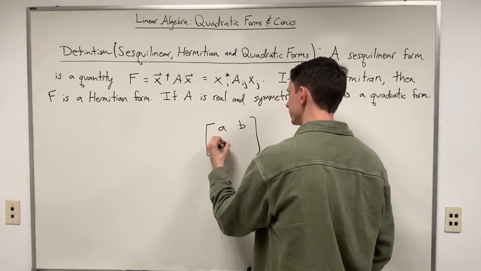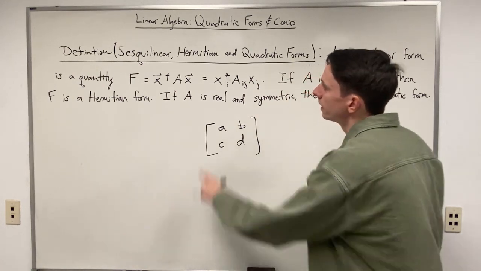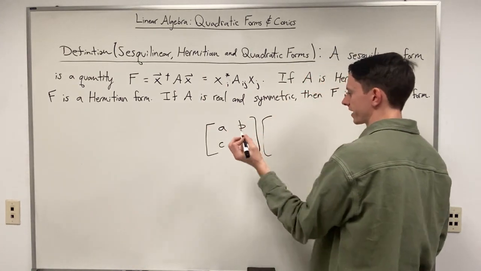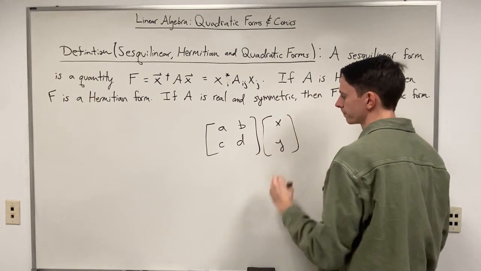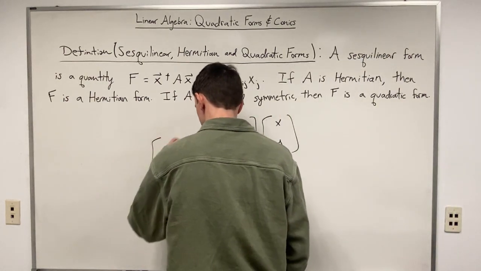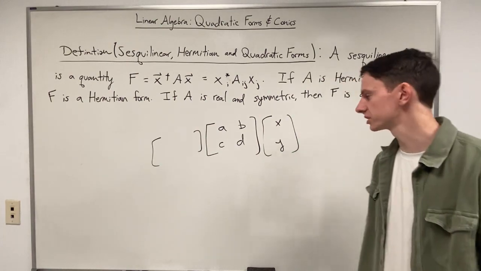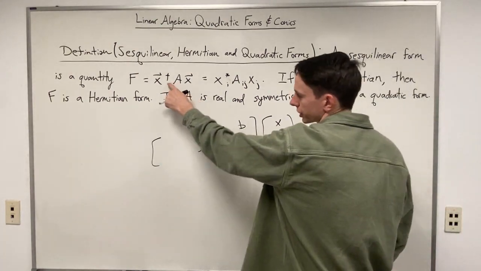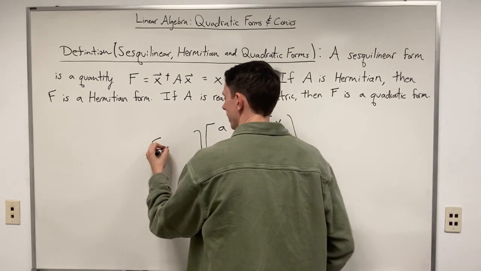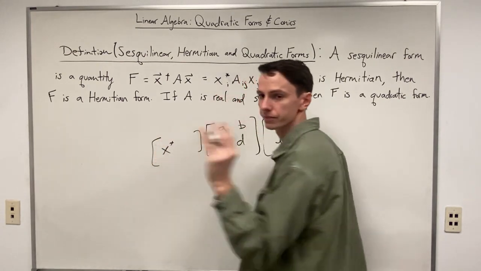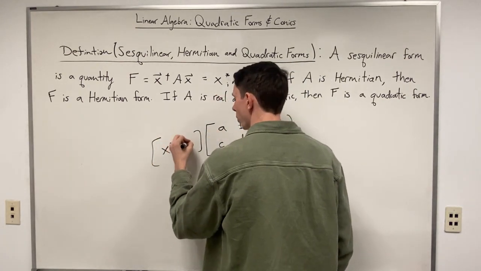We'll just say A, B, C, D. x then has to be a 2-dimensional vector, maybe with components x and y. And then if I were to take the complex conjugate transpose, the Hermitian conjugate, I need to convert this column vector into a row vector, and now this is going to be x star, or x conjugate, and y star.